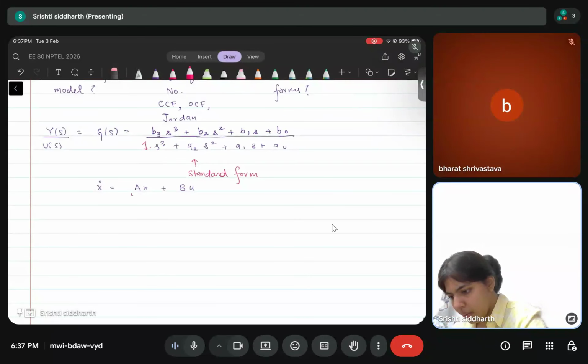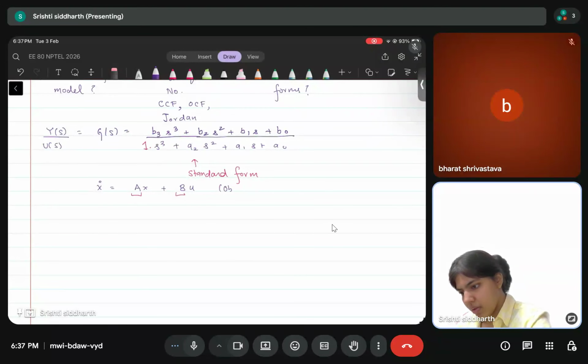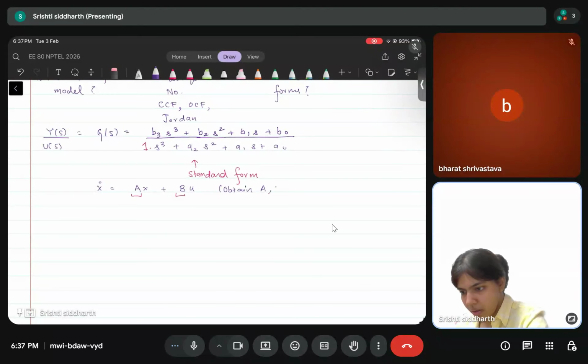So we need to find A and B based on the coefficients, small b and a, right? In terms of A, B, C, and D actually, from b3 and a0 to a2.